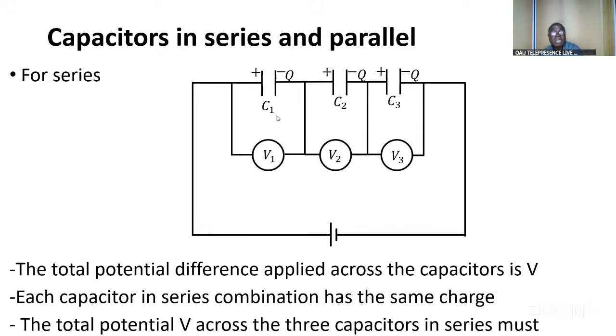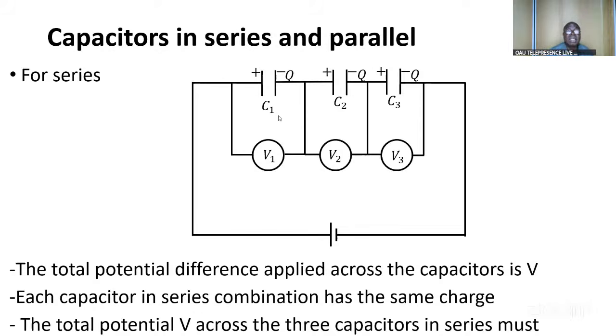You have to calculate the PD across C1, the PD across C2, and the charge stored by each capacitor. For you to be able to get that, you must first of all find the equivalent capacitor.